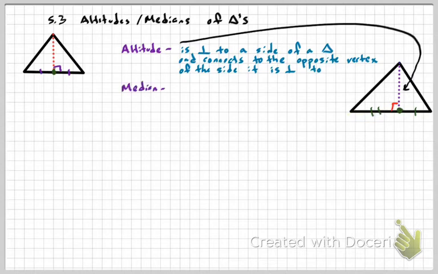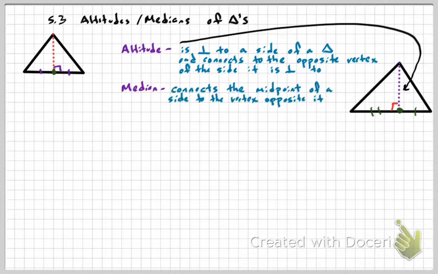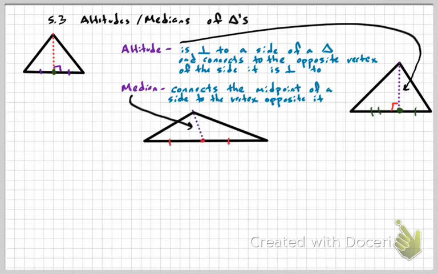Next, we have a median. So a median is kind of like a mix between a perpendicular bisector and altitude in that it connects the midpoint of a side to the vertex opposite that side.